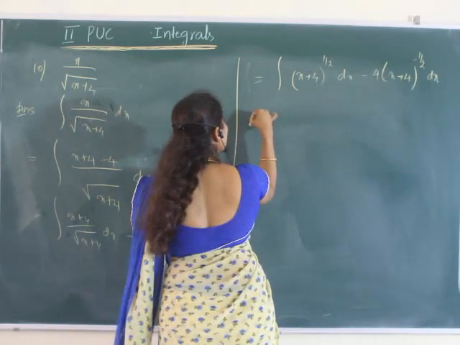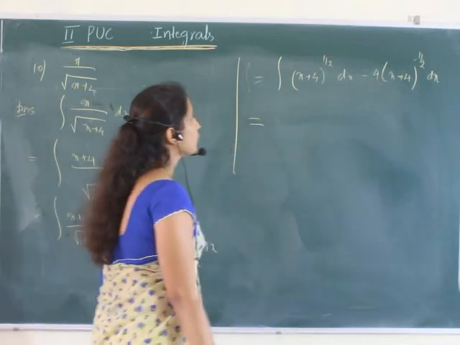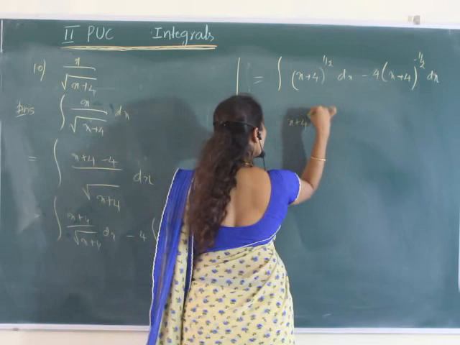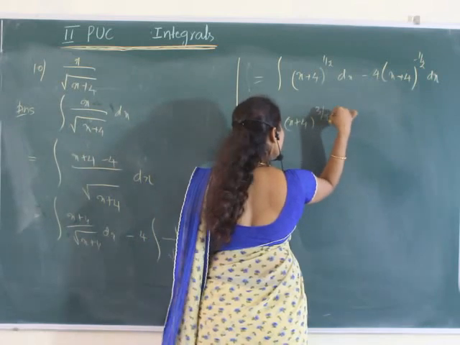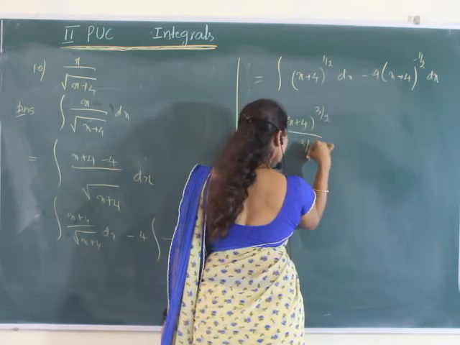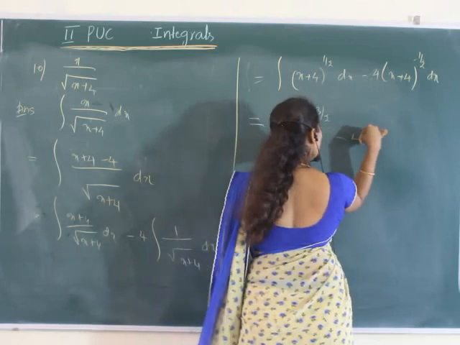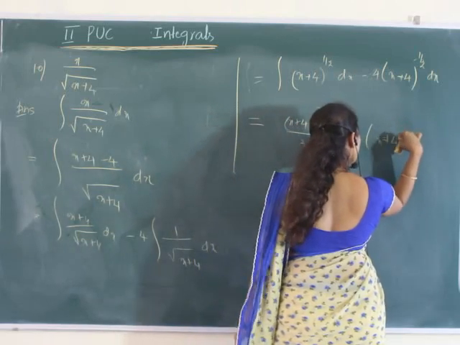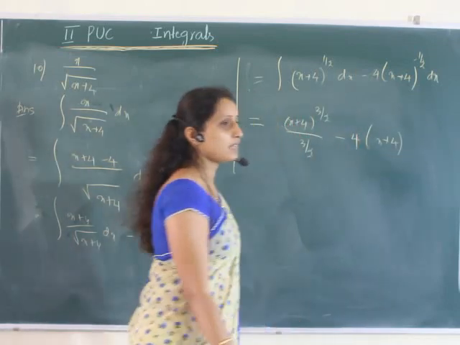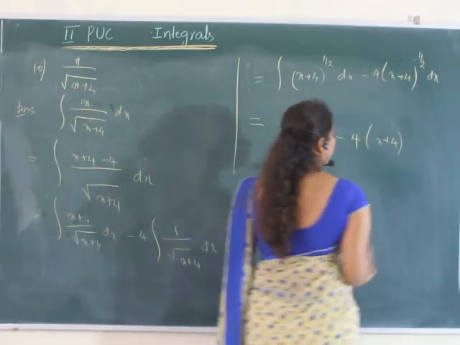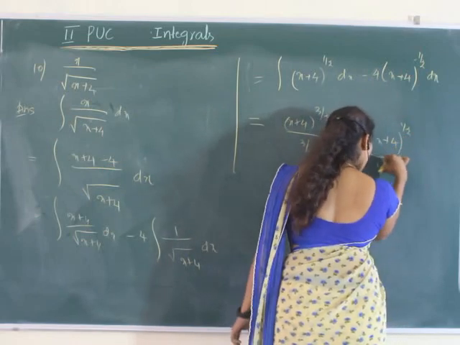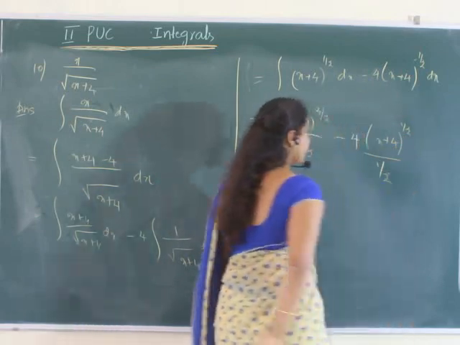So this will be equal to x plus 4 to the power 3 by 2 by 3 by 2 minus 4 into x plus 4 to the power minus half plus 1, that is half, by half.